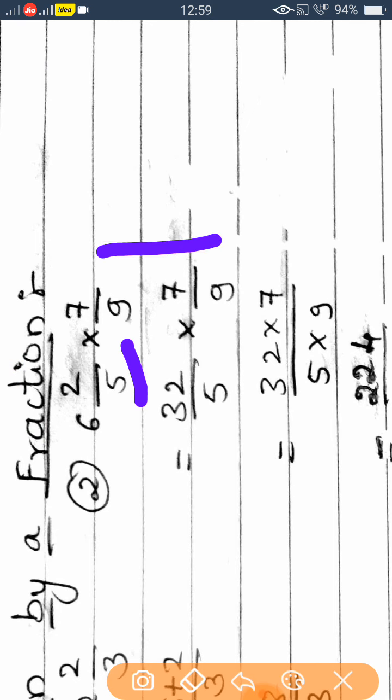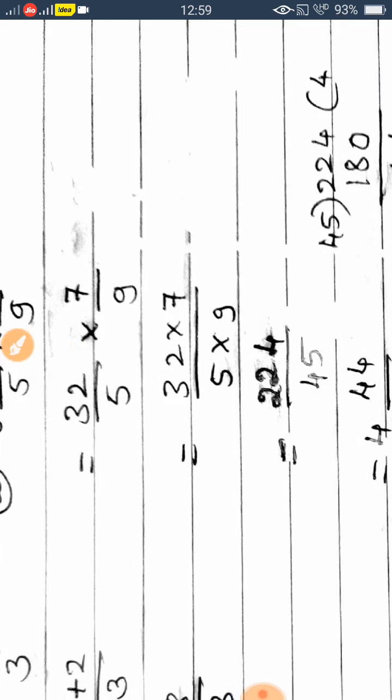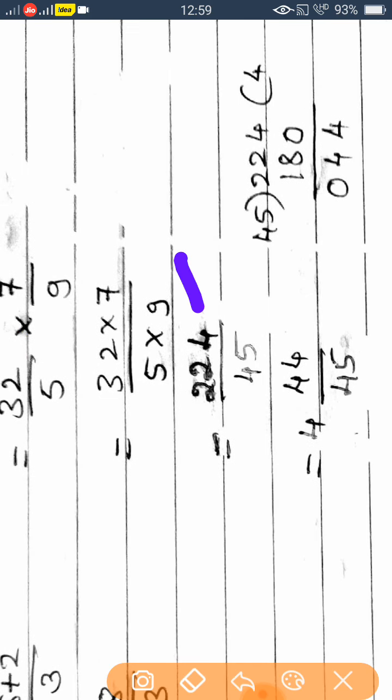Then 32 by 5 into 7 by 9 means numerator to numerator, denominator to denominator multiplication. You will get 224 divided by 45.